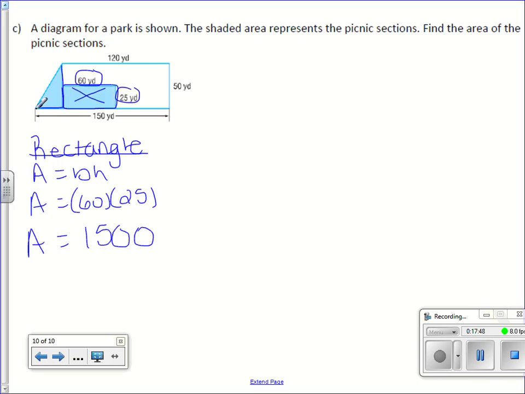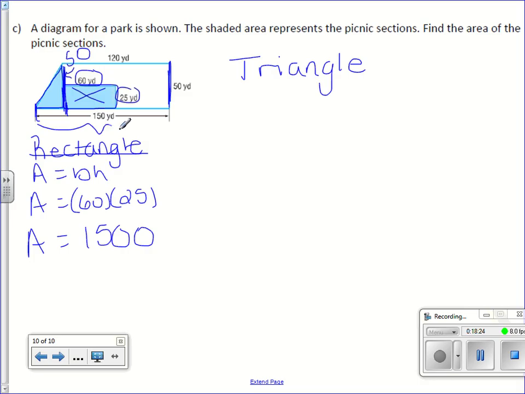And I also have a triangle. However, I don't have any of the dimensions written for the triangle. This one's an easy dimension. It's the same length as this over here. So I know that this height is 50. Okay. But I have to find this length right here.